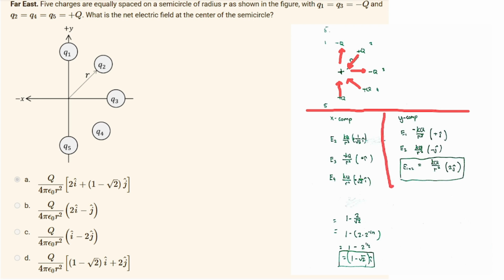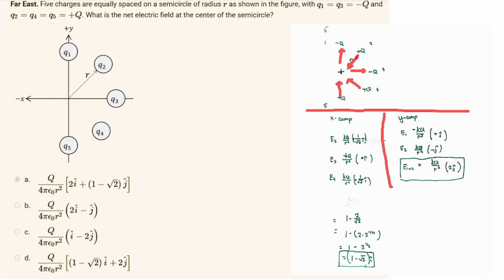If we focus on the x component first, we know that the first particle and the last particle don't affect the x component at all, since they're directly at the top and bottom. Electric field 2 is kq over r squared times 1 over square root of 2 i hat, because it's exactly cosine 45 away.